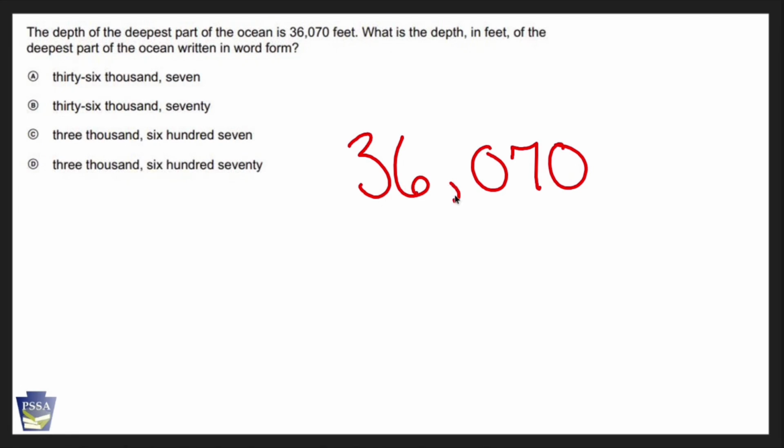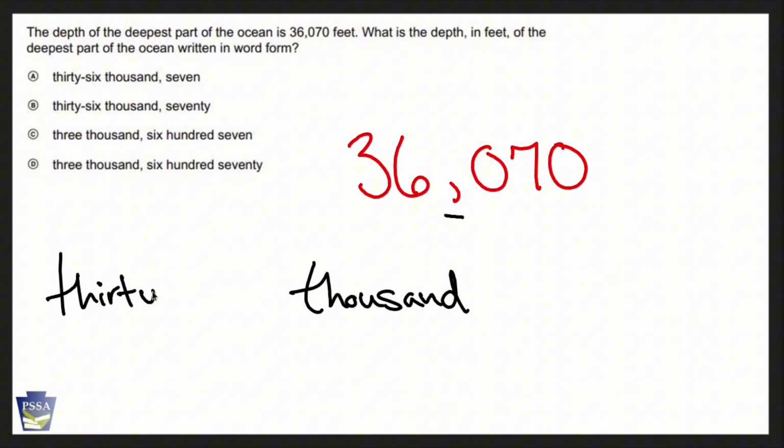That means once you hit that comma, there's a specific word that pops up, and that word is thousand. Now what happens before that thousand? You just say 36. So what we have so far is 36,000. What do we have after 1,000?